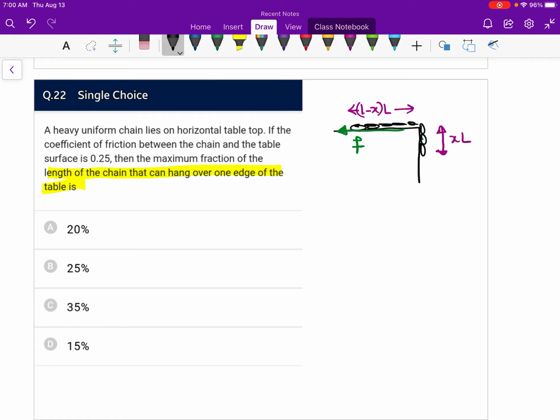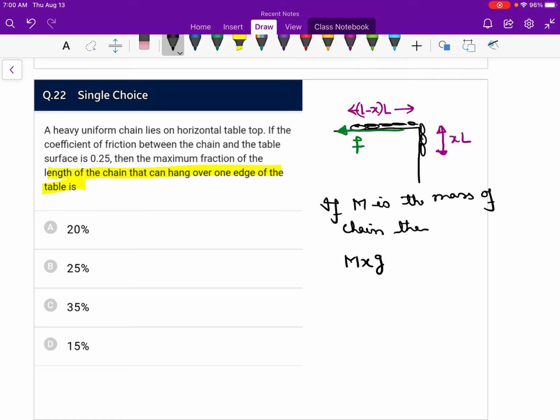So if capital M is the mass of the chain, then the weight of the hanging portion is M into x into g.